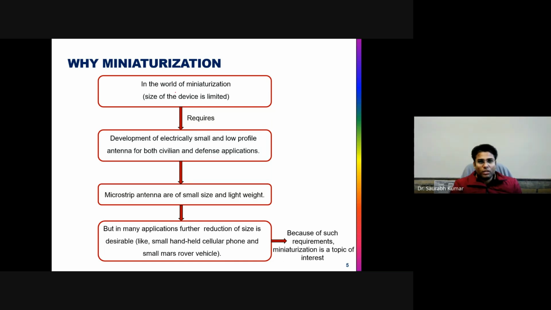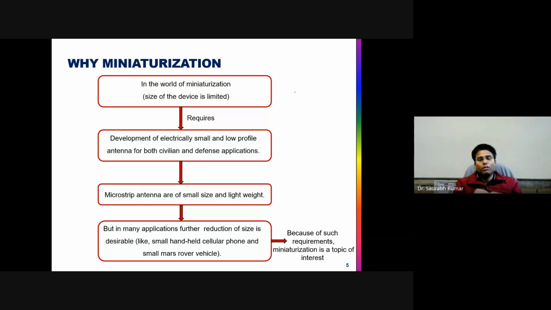But in this world of miniaturization, as the number of technologies coming onto the same platform increases, you need the display and a number of sensors, each and everything over limited space, and the antenna portion you will have is limited. So the size of the device is limited in terms of the antenna placement.